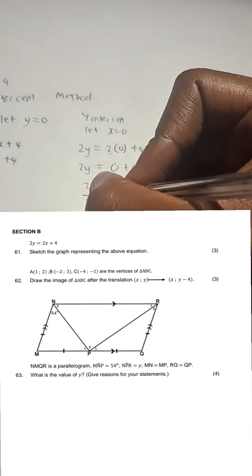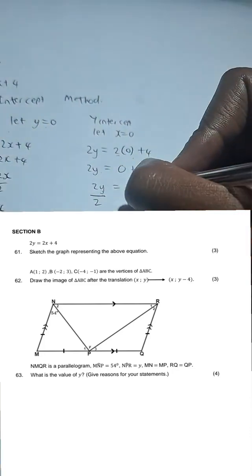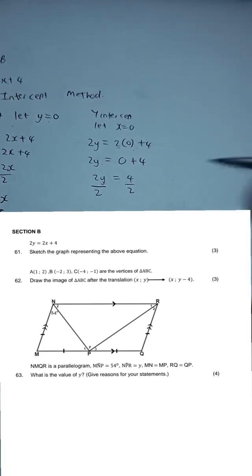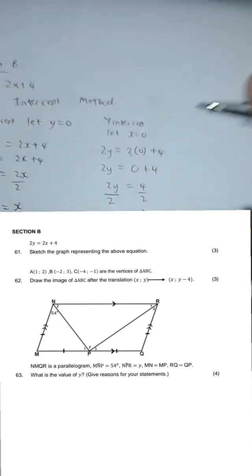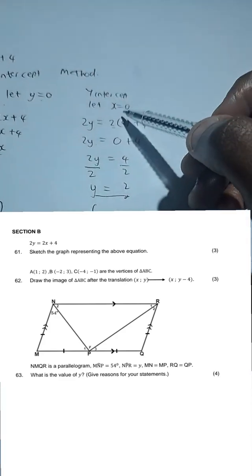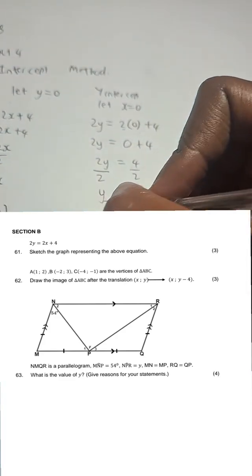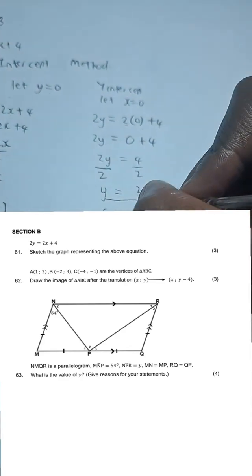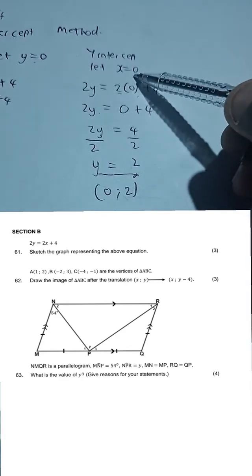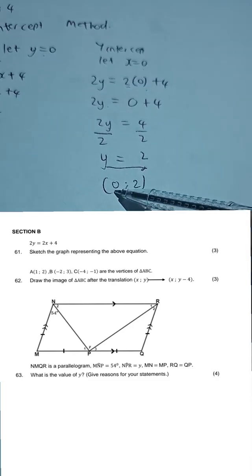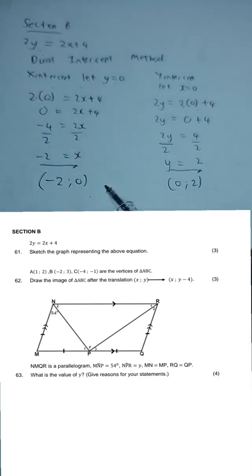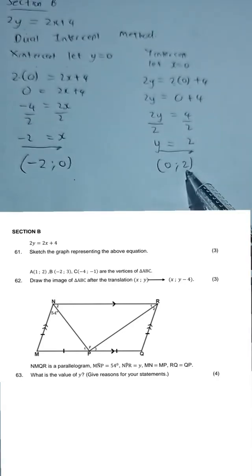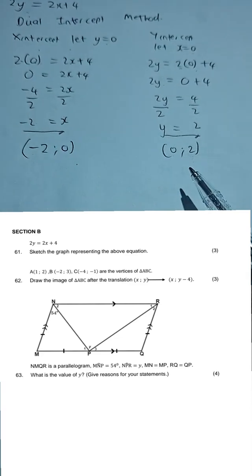We divide, guys, both sides by the coefficient of y, which is 2. Then we get y is equal to 2. What are the coordinates? When x is 0, y is 2. X is 0. There, we place, in the x coordinate, we place 0, and then y is 2. So those are our pair of intercepts.